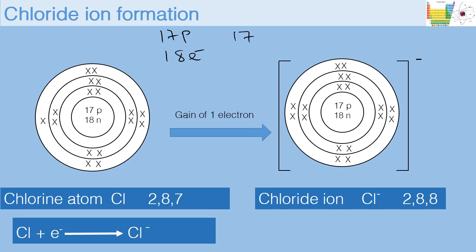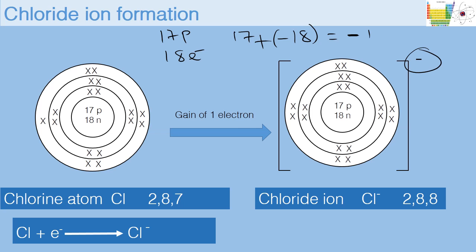Hence, we'll say 17 plus negative 18 to give us negative 1. But we do not write 1, so we just write the negative sign.